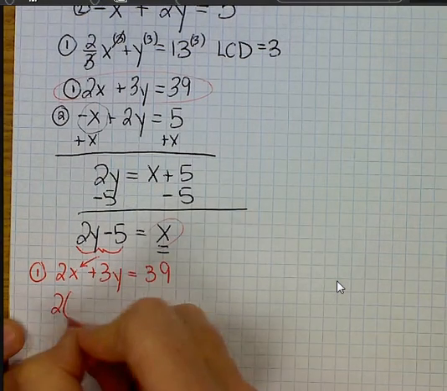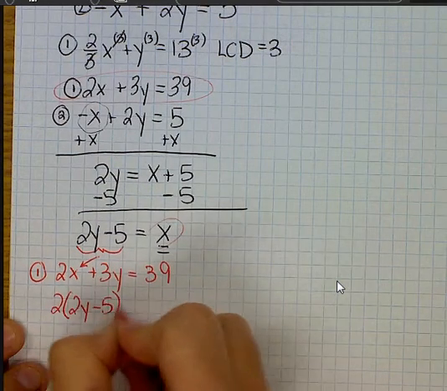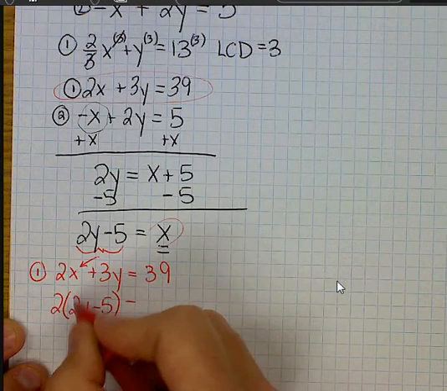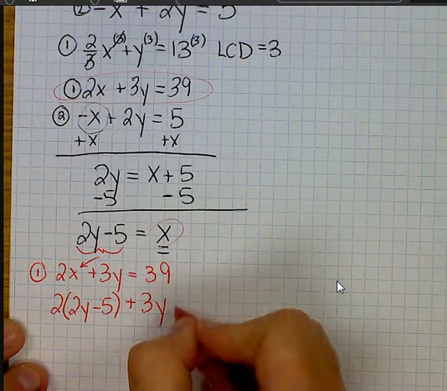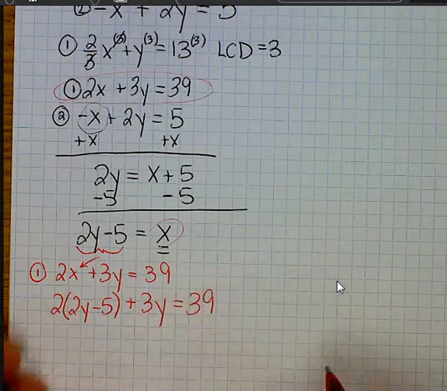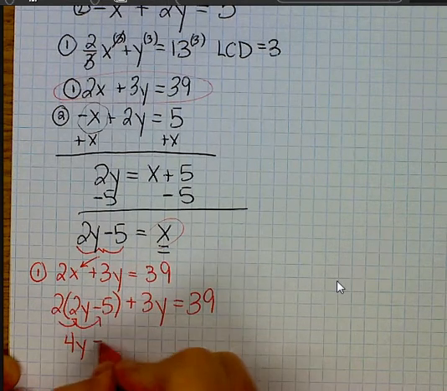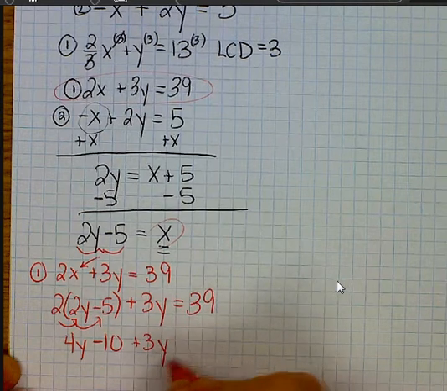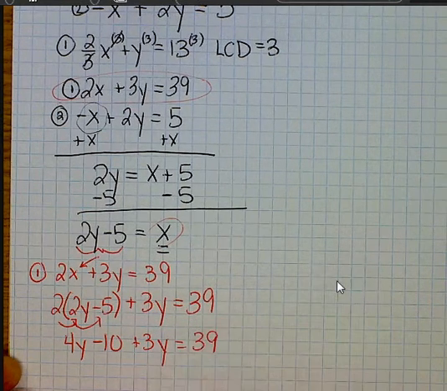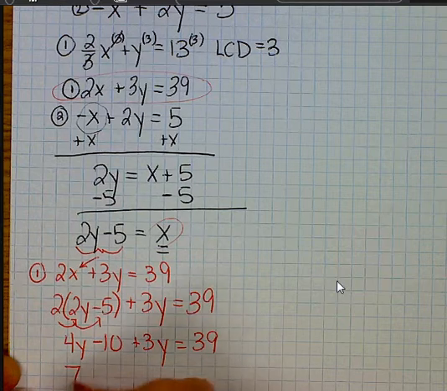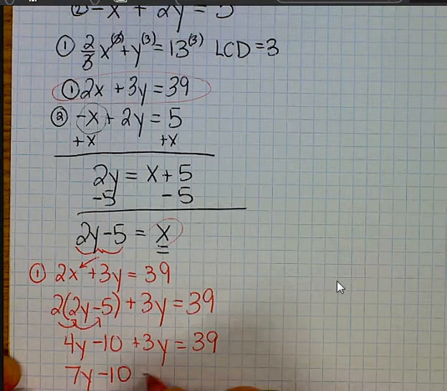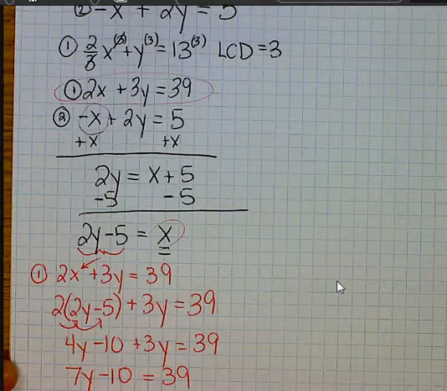So it's 2 times (2y minus 5) plus 3y is equal to 39. I distribute: 4y minus 10 plus 3y is equal to 39. I need to get the y's together before I can solve. 7y minus 10 is equal to 39.